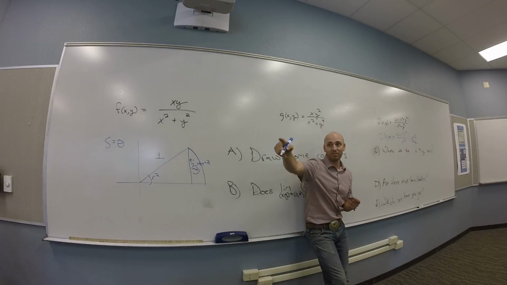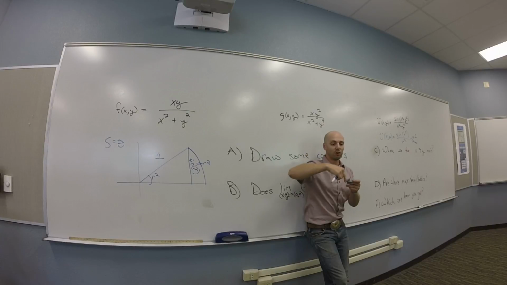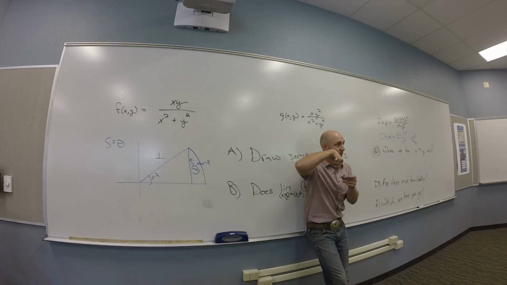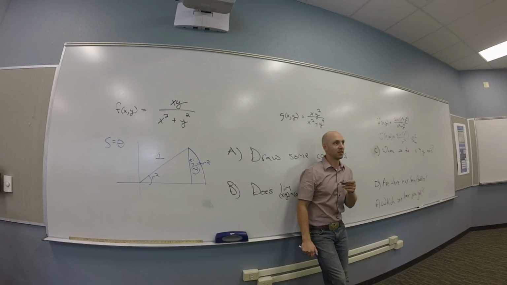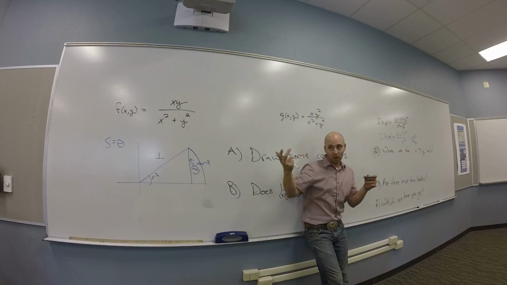Good question about the ridge. We'll talk about ridges when we get to actually defining maximums. For right now, you can think about that as a maximum, that's okay. The ridge is not a strict maximum, it's just kind of a high spot. So all these little ridges and all these little valleys you can think of as high spots.